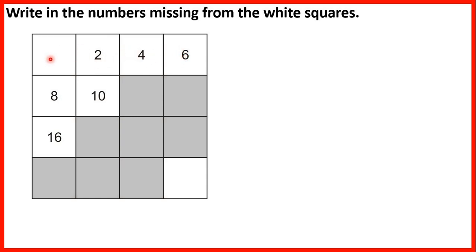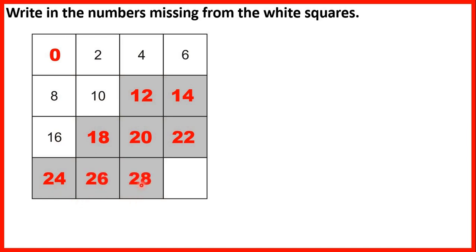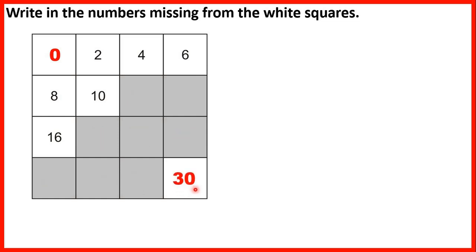So this number will be 2 less than 2, so that's 0, because 0 plus 2 is 2, plus 2 is 4, plus 2 is 6, and now on this row we have 8, 10, so this will be 12, 14, 16, 18, 20, 22, 24, and if we keep adding 2's, we get 26, 28, and that means this square here will be 30.